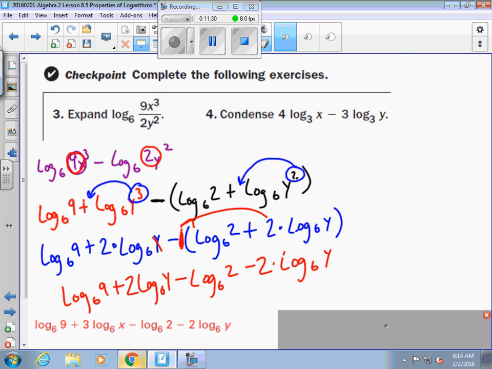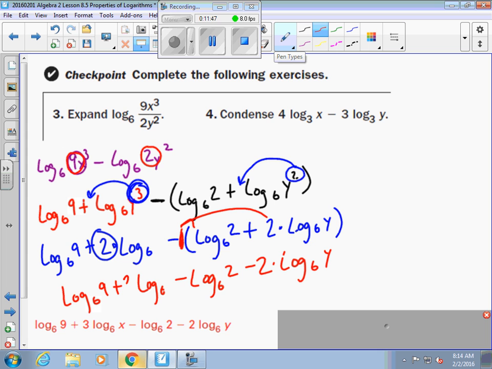On the second step here, it's a 3 that we had to bring up front. And look, I brought a 2 up front. So it's not 2, it's 3. Other than that, I just wrote a y instead of an x because I looked at the right side instead of the left side. Be careful with that. 3 log base 6 of x. And now that matches what we have down there. Minus log base 6 of 2 minus 2 times log base 6 of y.